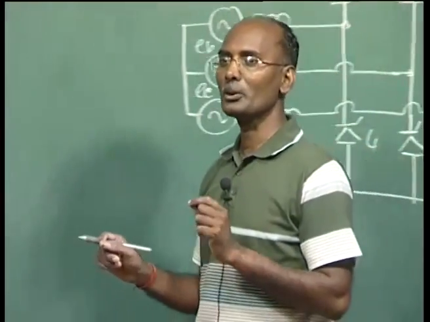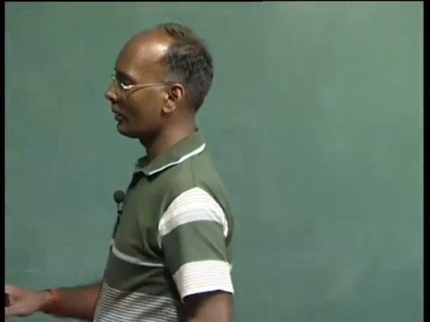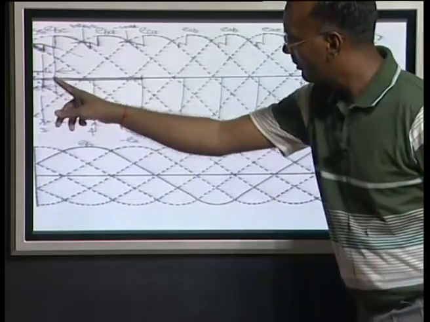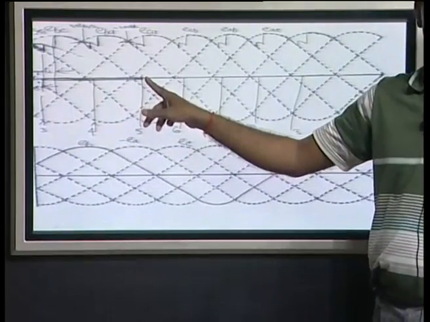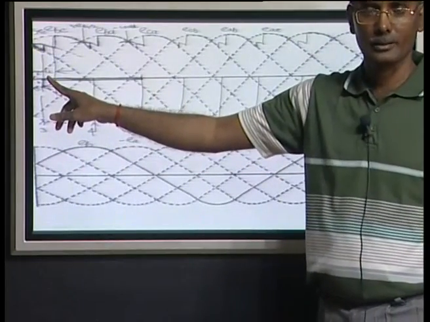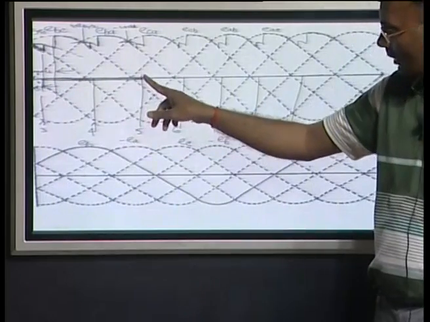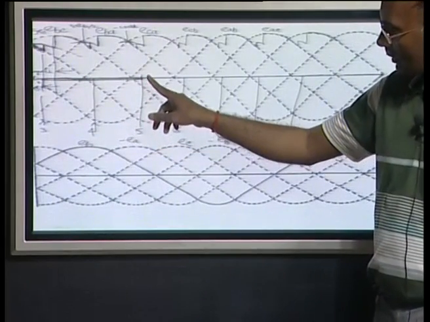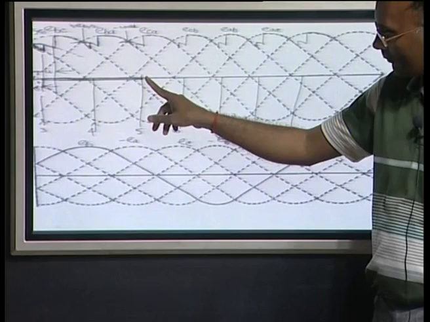Now it is not only up to this point, because of the commutation. The conduction period of valve 3 is exceeded by u degree. From this point to this point it is 120 degrees, because at alpha we gave the pulse to 3, it started conducting, then it continued up to the 5th, and we give the pulse to valve 5.